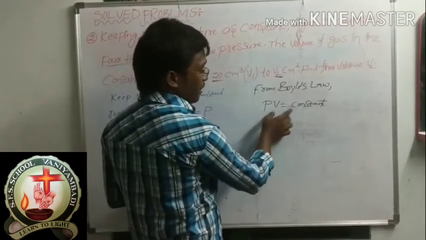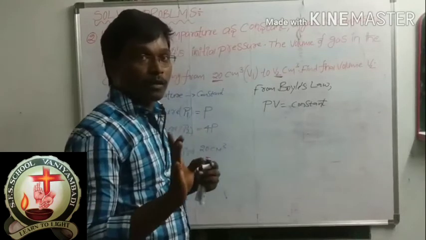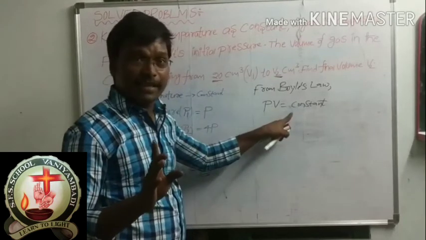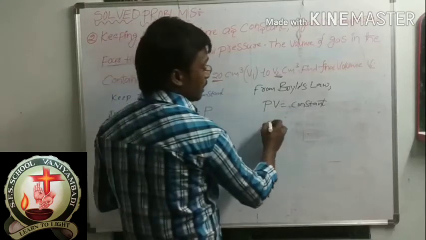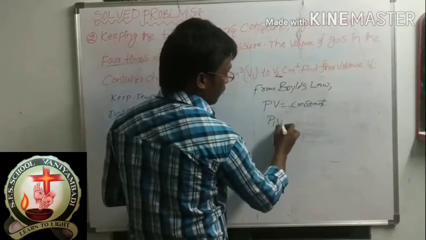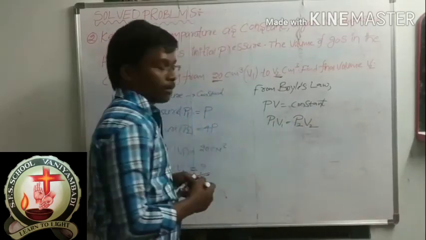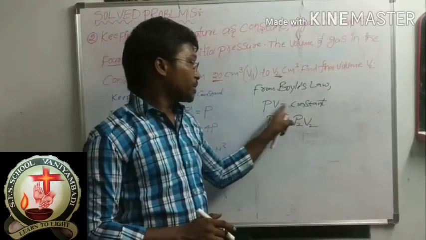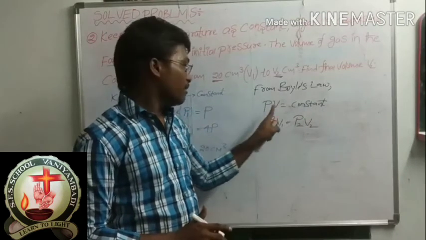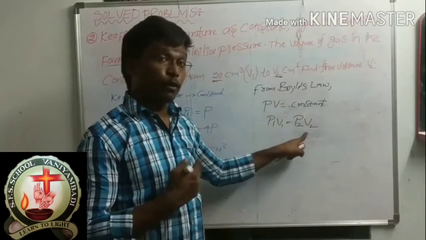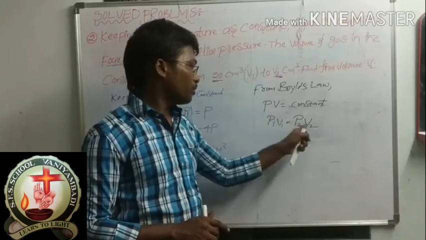P means pressure, V means volume. Pressure into volume is equal to constant. Whenever the condition is given like this, we can write P1 V1 is equal to P2 V2.